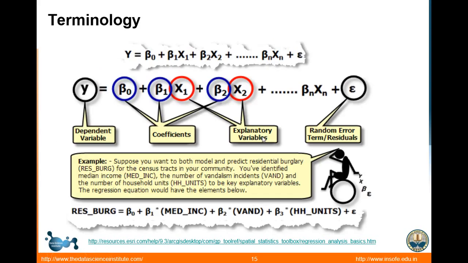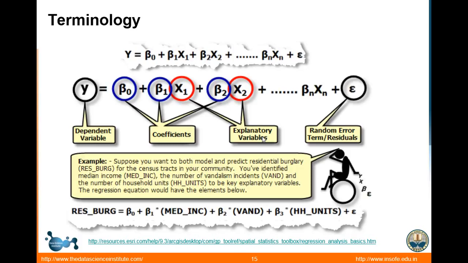In the case where we had only one independent variable, we said the equation is y equal to mx plus c, where x is only one independent variable. Whereas in this case, when we have several independent variables, the form of the equation is y equal to beta naught plus beta 1 x1 plus beta 2 x2 up to beta n xn plus error.